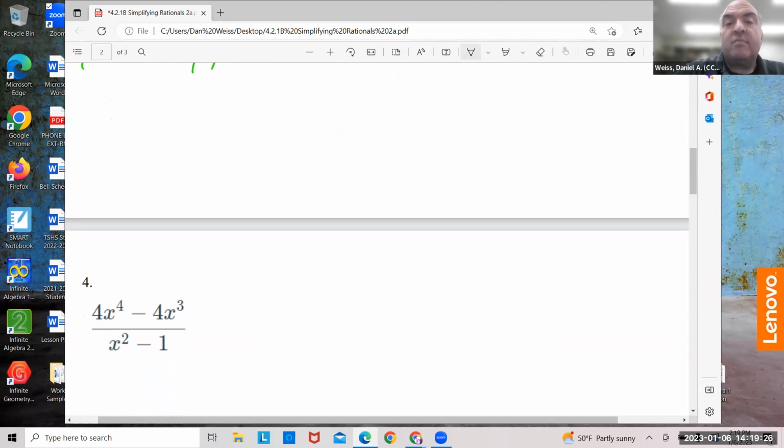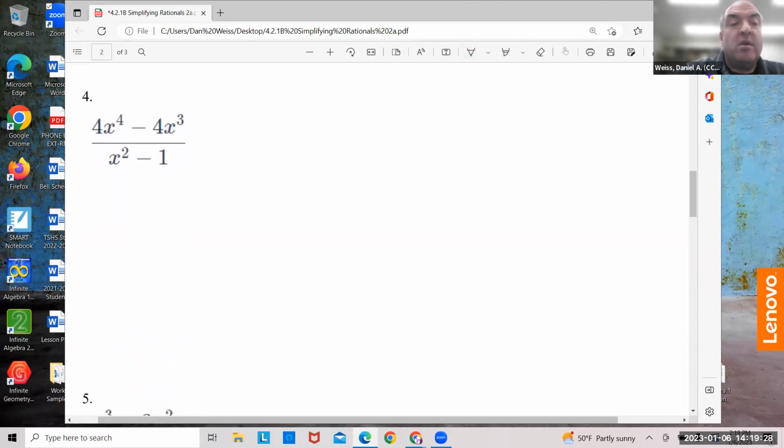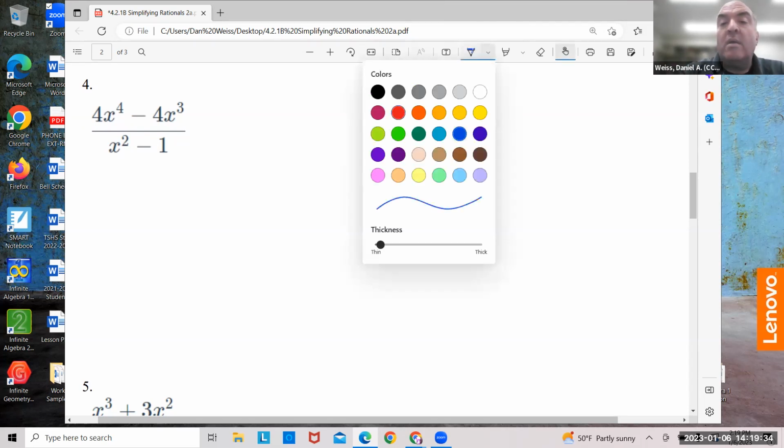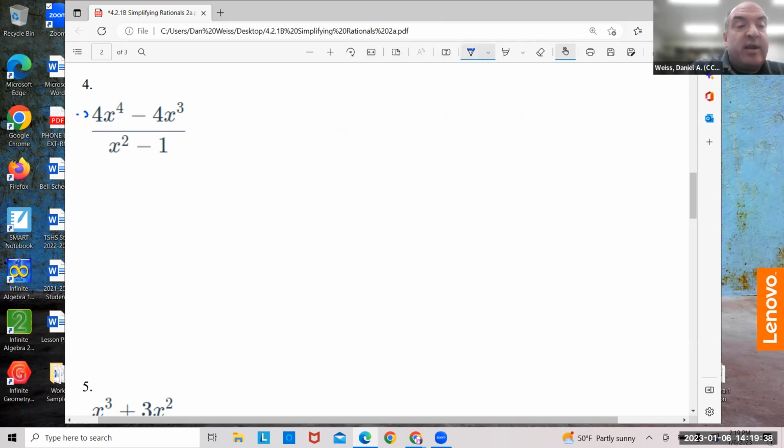All right. Over here, I'm going to look at this top right here. Top, would you agree, is 4x cubed minus 4x squared.